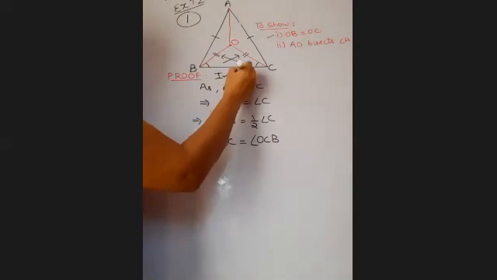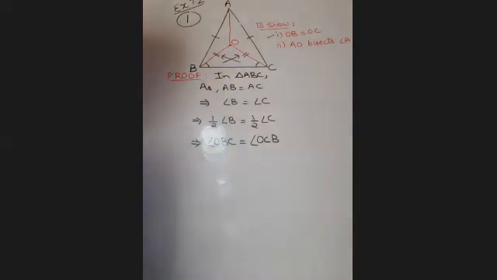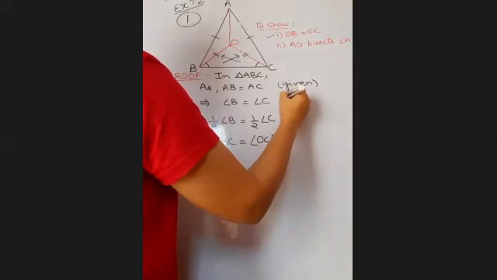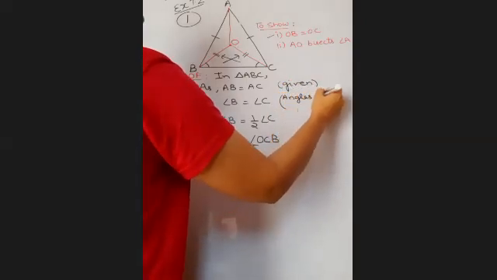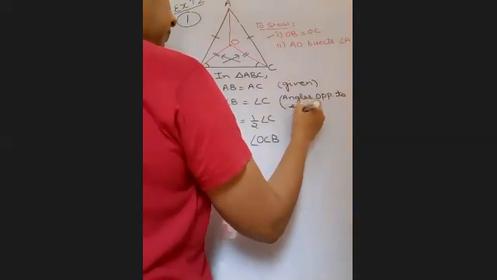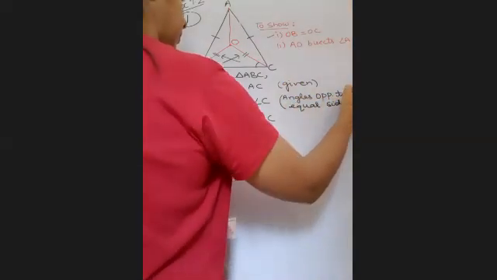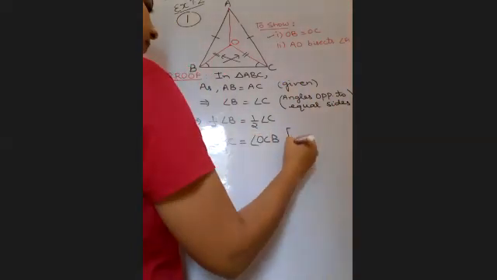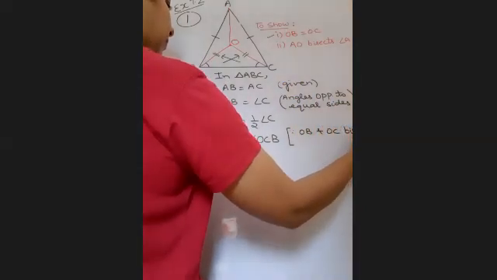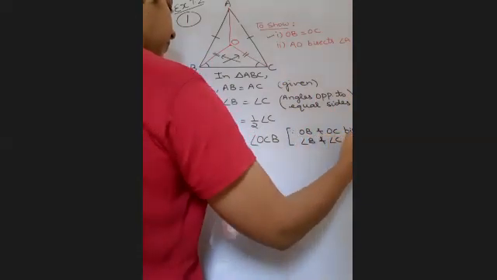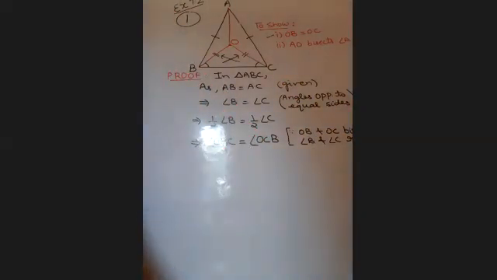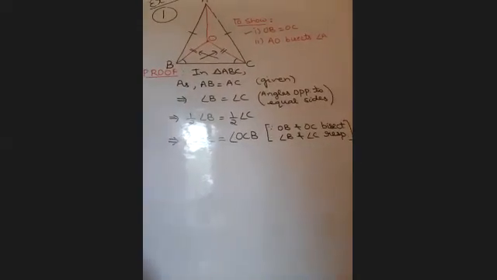In triangle ABC, this is the short form for respectively.